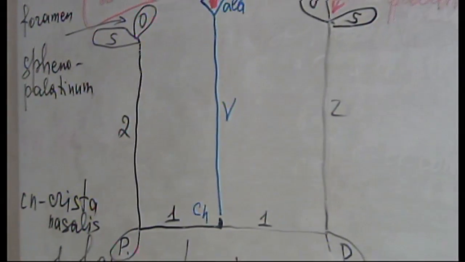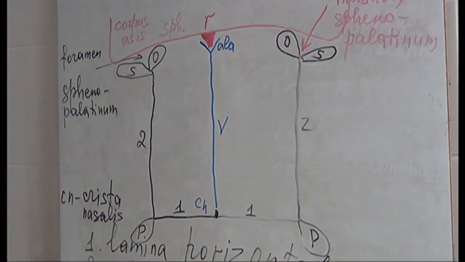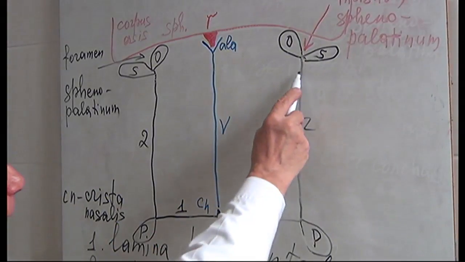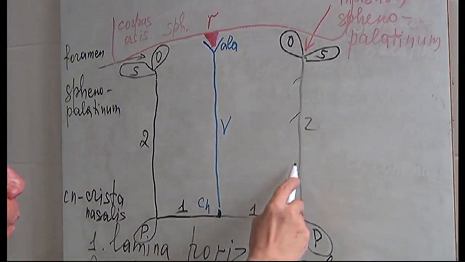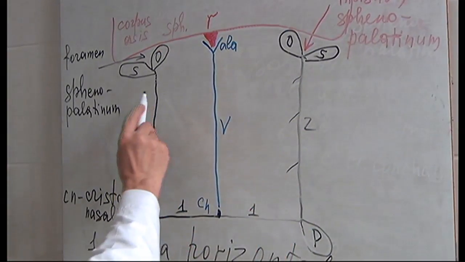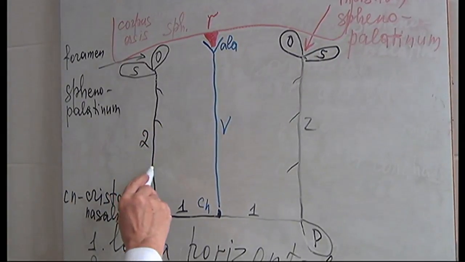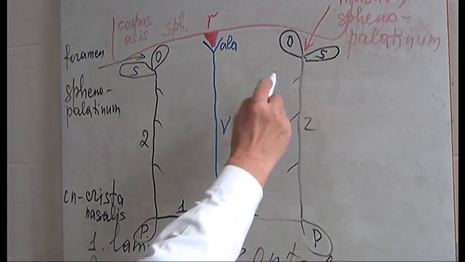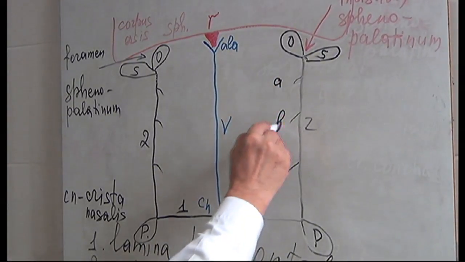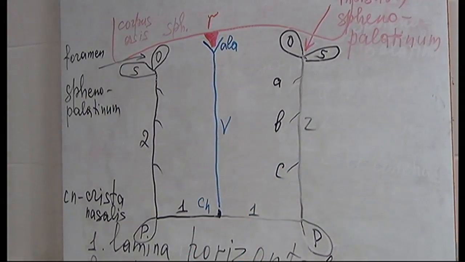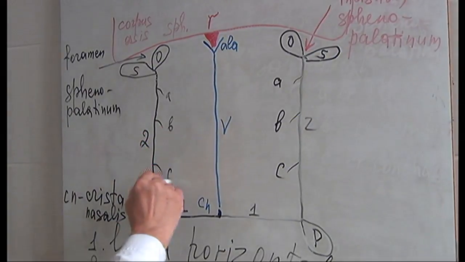And there are 3 special small structures on the lateral wall of the nasal cavity. Here they are, with letters A, B, C.